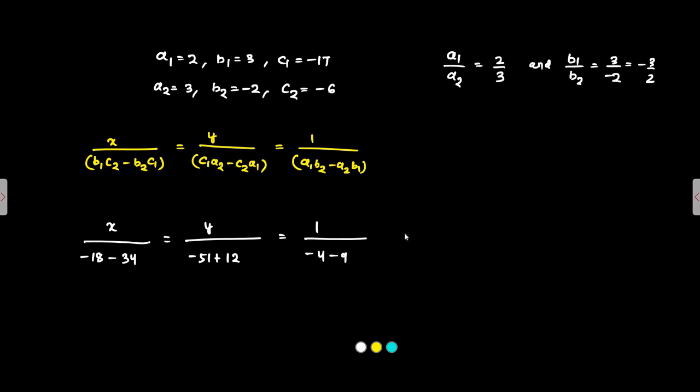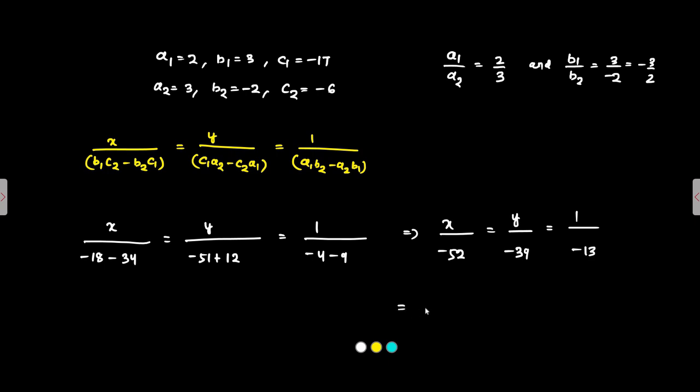So that implies x by minus 52 is equal to y by minus 39 is equal to 1 by minus 13.